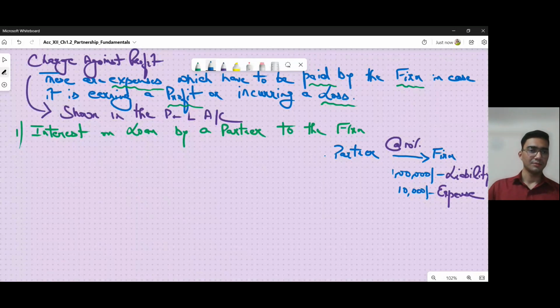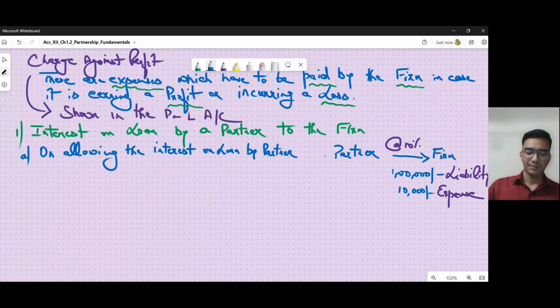So what are the journal entries? The first is when this interest is actually allowed. For that, we have to write a journal entry. So what is the journal entry? On allowing the interest on the loan by the partner.